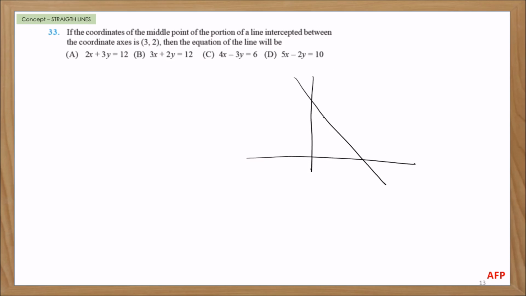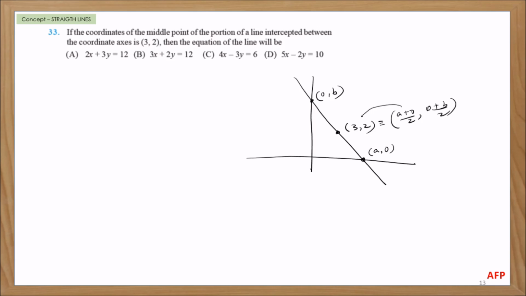So this is the midpoint here, the midpoint 3 comma 2. So this we will take as a comma 0, and this we will take as 0 comma b. According to the midpoint formula, a plus 0 by 2 and 0 plus b by 2.